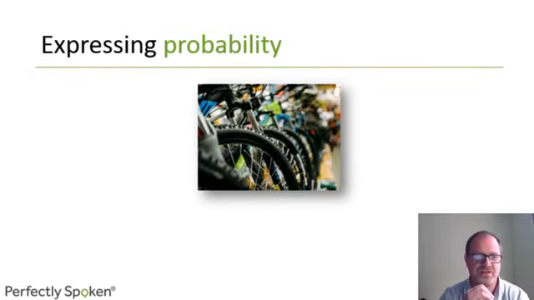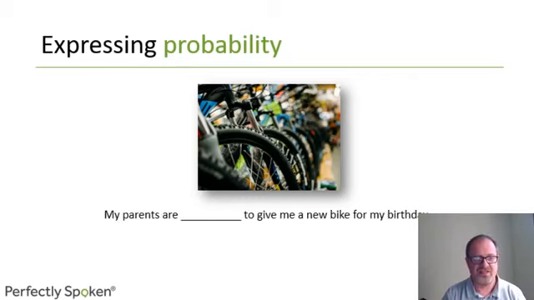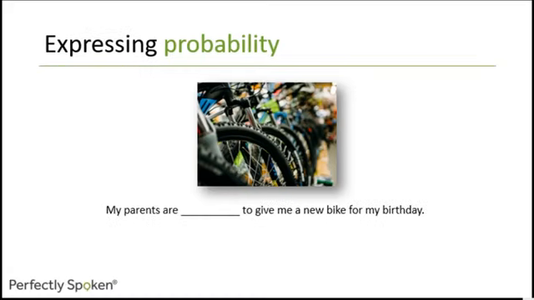So we've got here a rather nice collection of bikes in a bike shop, and the sentence is, I'm off again, my parents are something to give me a new bike for my birthday. Okay, so we've got the verb to be here, are. So we would expect to use an adjective here.